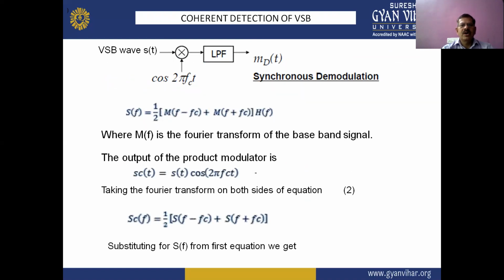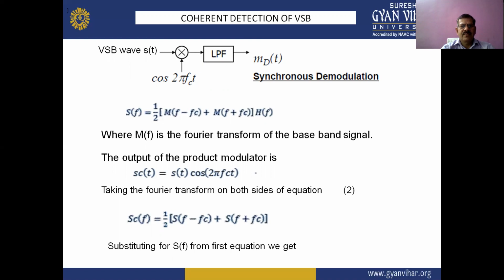Next one is the coherent detection of the VSB signals. So in the synchronous demodulation technique, here a multiplier is used in which the VSB wave s(t) and carrier signal cos 2 pi fct are multiplied, and after the multiplication, the output of this product modulator is applied to the low pass filter, and the output of the low pass filter is the m(t).